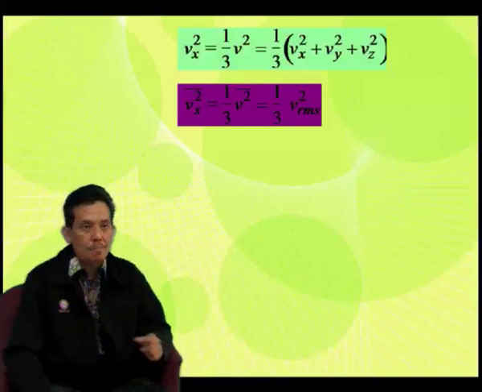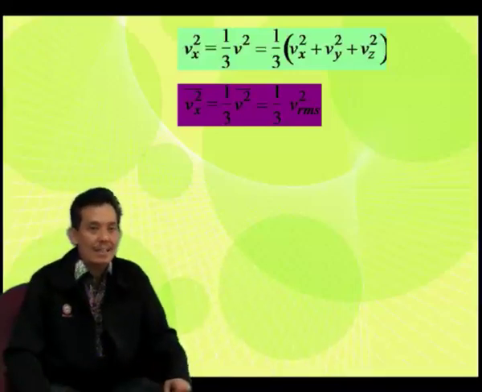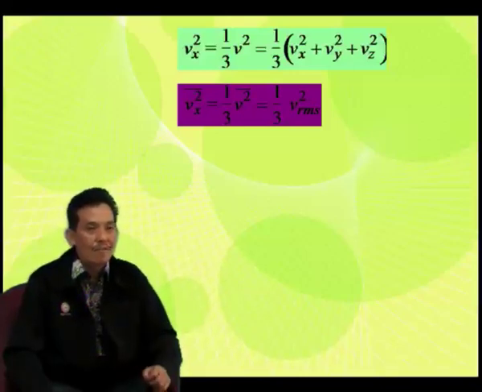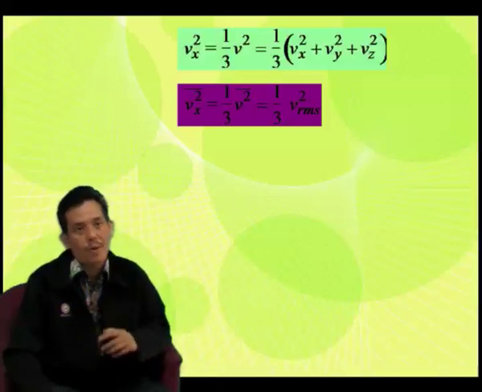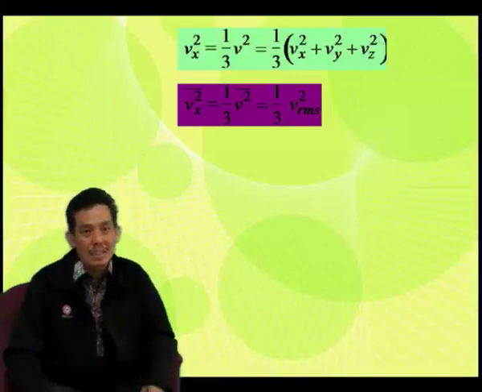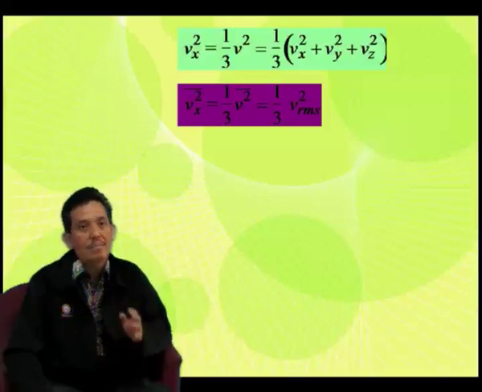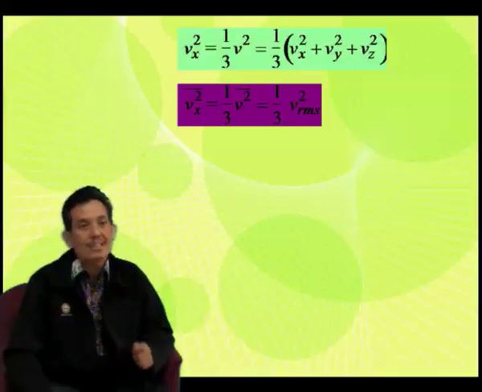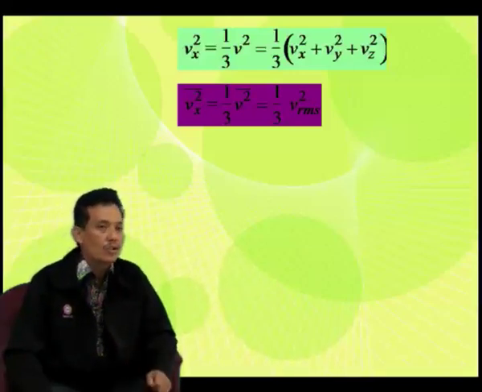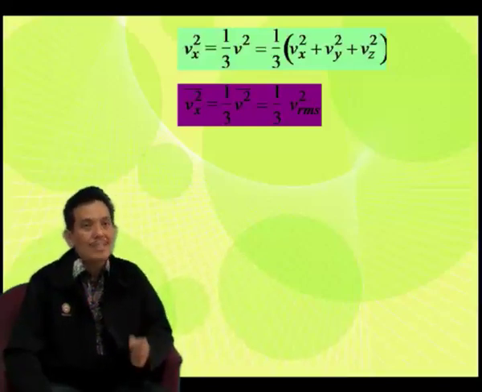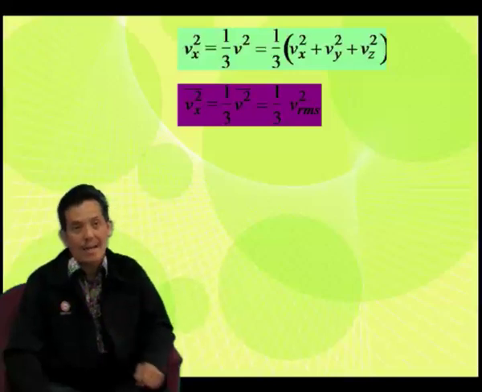So the average Vx squared is equal to only a third of the total speed squared, where the total speed squared is Vx squared plus Vy squared plus Vz squared. Meaning the average speed squared in x is equal to a third of the total speed squared.